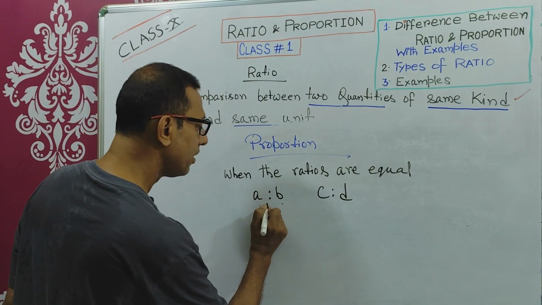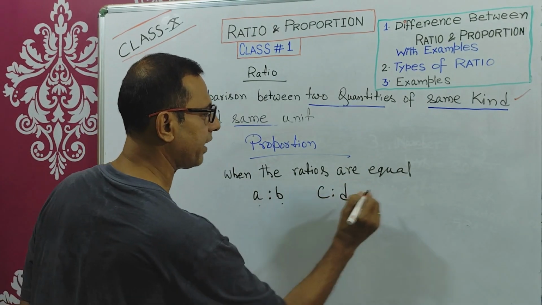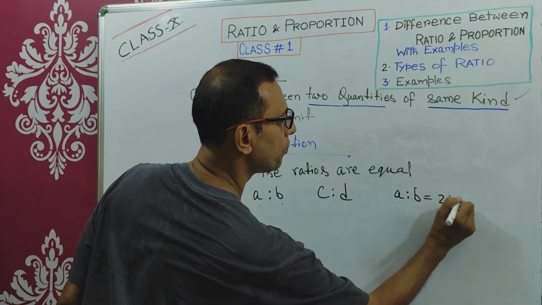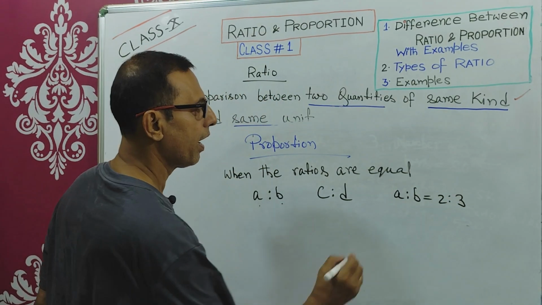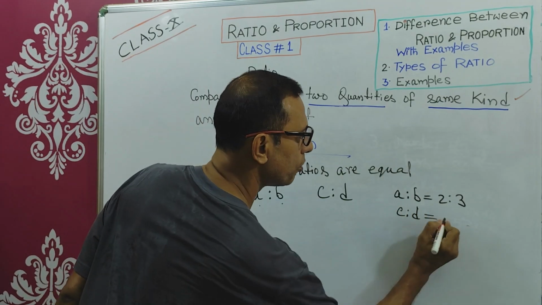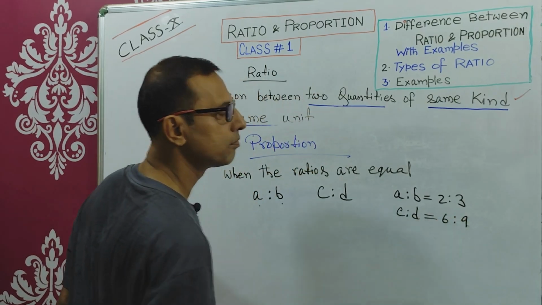But if A is to B equals C is to D, let's say A is to B equals 2 is to 3, and C is to D equals 6 is to 9.